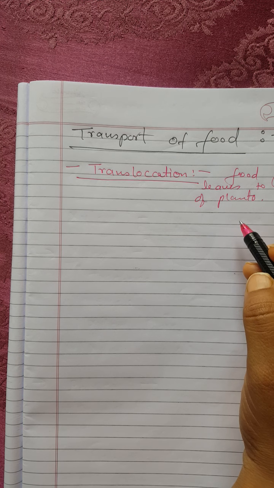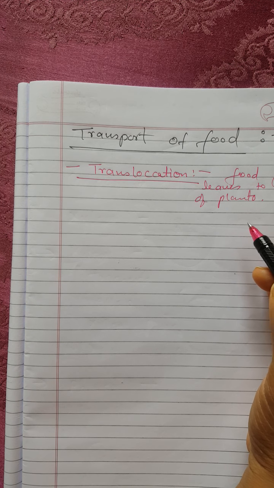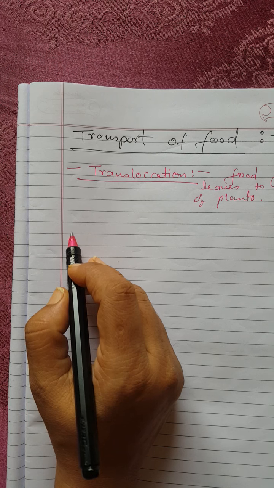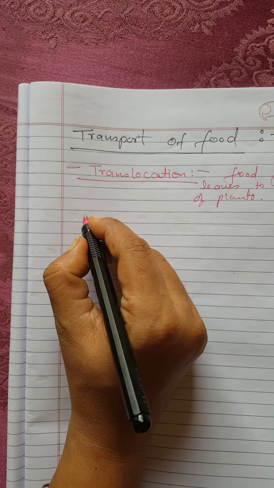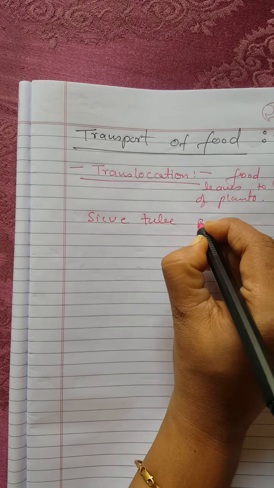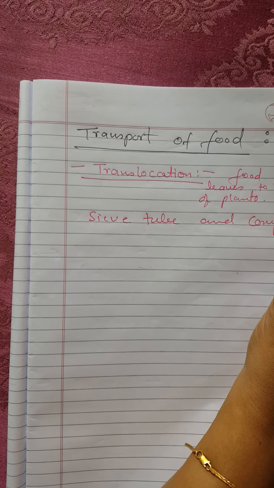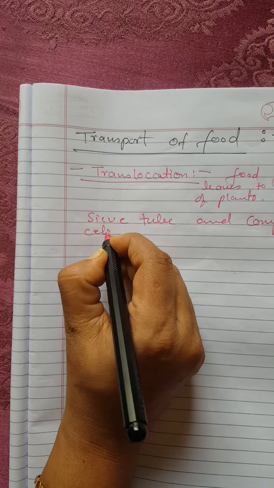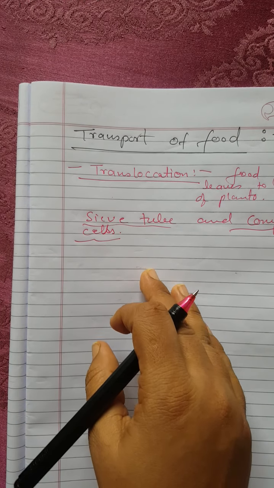We know that food is manufactured in the green parts, the leaves, by the process of photosynthesis. This manufactured food enters into the sieve tube. Sieve tubes and companion cells are responsible for transportation of food.